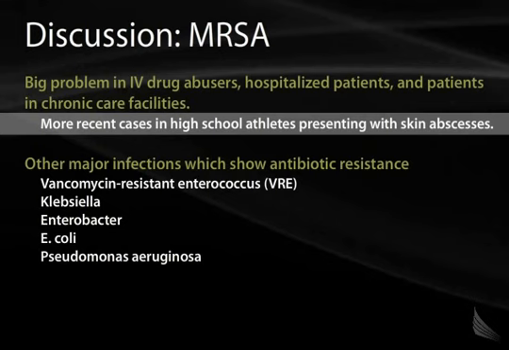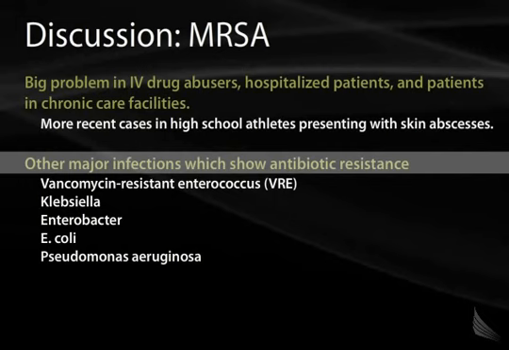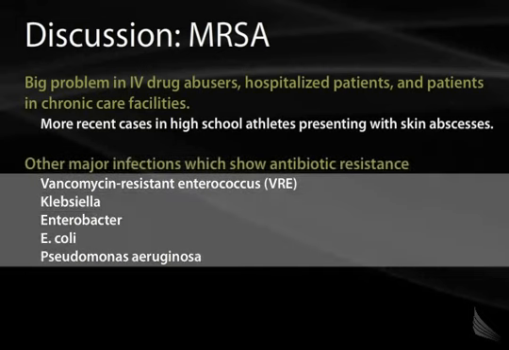And the MRSA that's present in the outpatient setting is worse and more resistant than the inpatient MRSA strains. Other infections that can show antibiotic resistance, like we talked about, are VRE, Klebsiella, Enterobacter, E. coli, and Pseudomonas. That's why it's very important to culture these organisms to see which antibiotics they're resistant to.